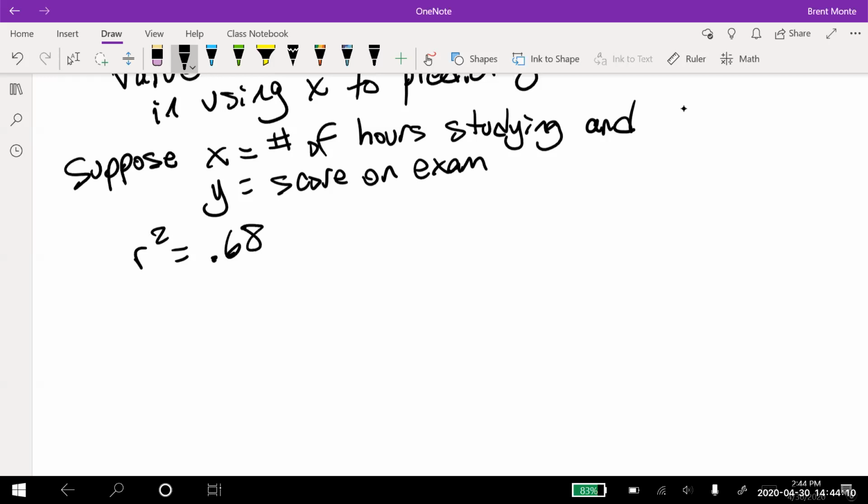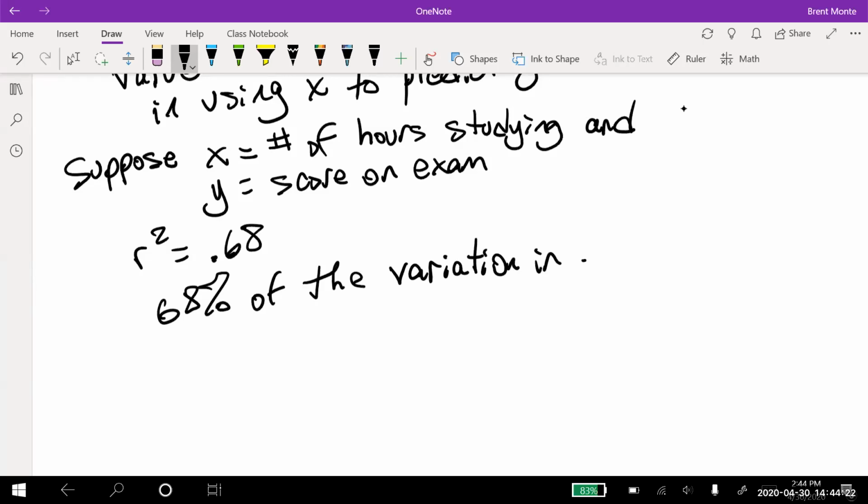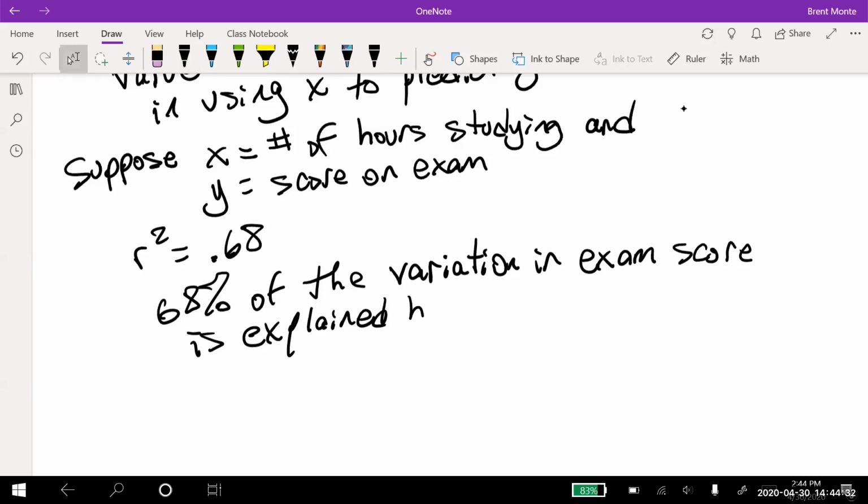Well, the way we would word this is 68% of the variation in exam score is explained by number of hours studying.